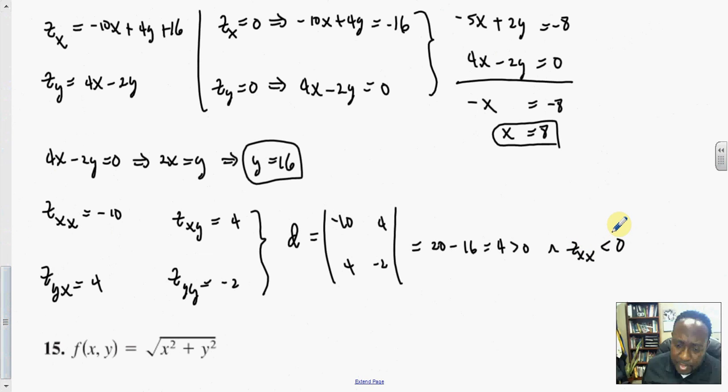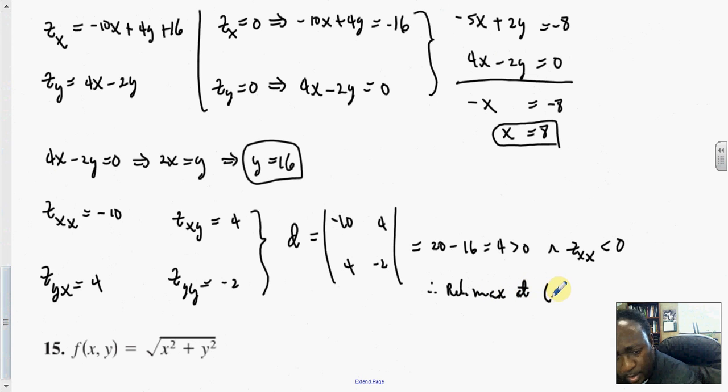So the concavity is negative, so we have a relative maximum at x equal to 8, y is equal to 16, and then the z value is equal to 74.